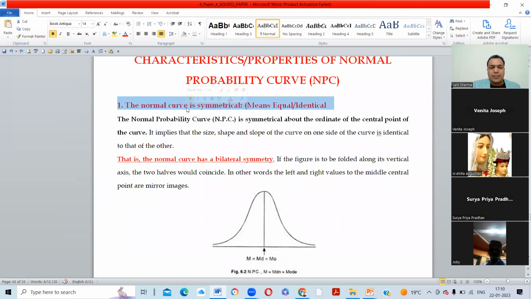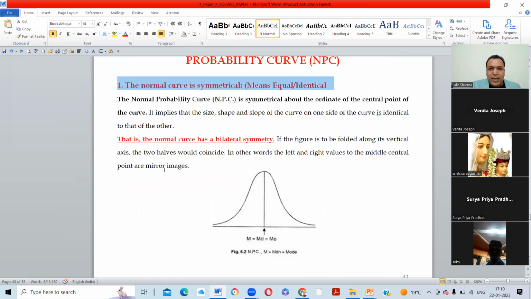So the first characteristic is that the normal curve is symmetrical. You have to write this. Look ahead, I have written the meaning of that. Symmetrical means equal, identical. See the normal probability curve. It is symmetrical on the left side and right side. You can see that, and it is symmetrical around the central point of the curve.